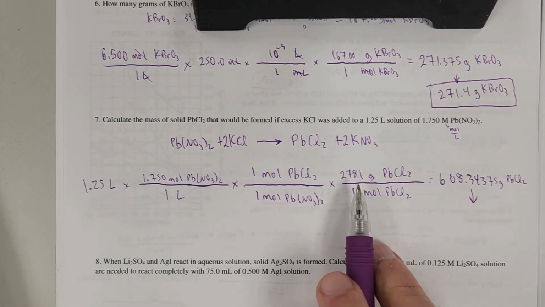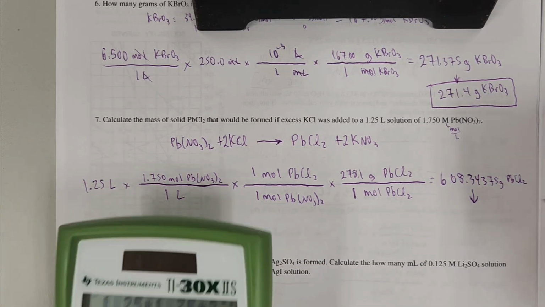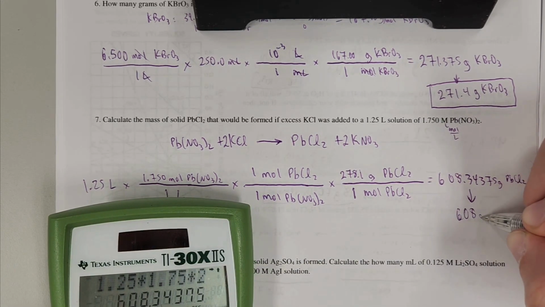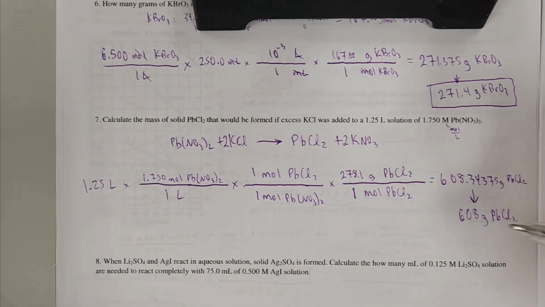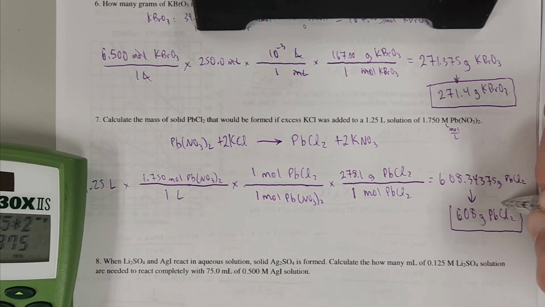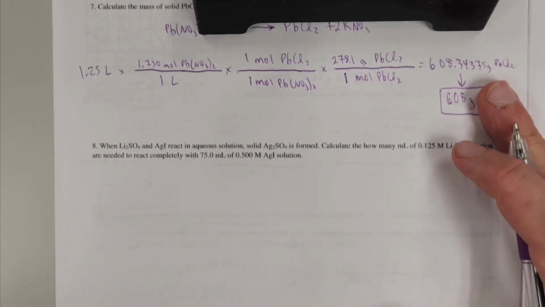Round for sig figs: 4, infinite, 4, 3. 608 grams of lead 2 chloride. Oh, let's box that, of course. All right, well, on to the final question, I suppose.